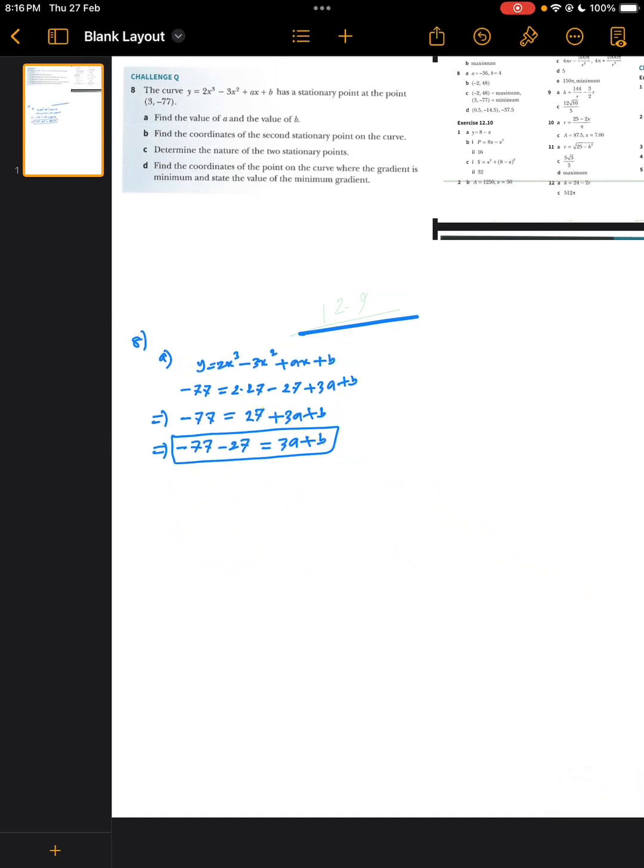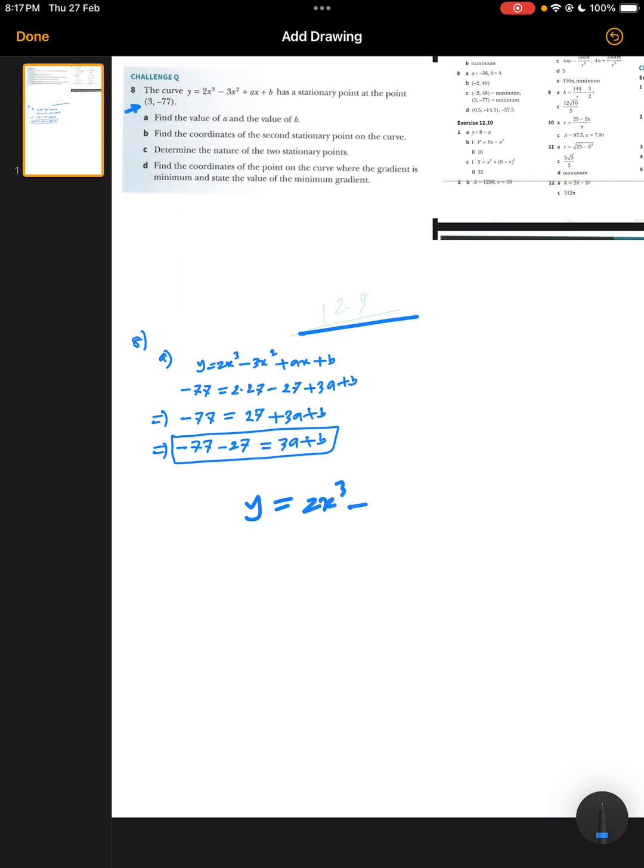After that, the curve has a stationary point at this particular point here, right? Okay, so y = 2x³ - 3x² + ax + b. The first differentiation would be 6x² - 6x + a.